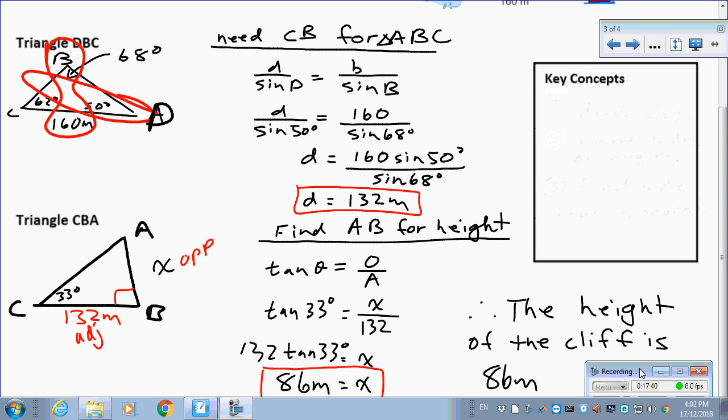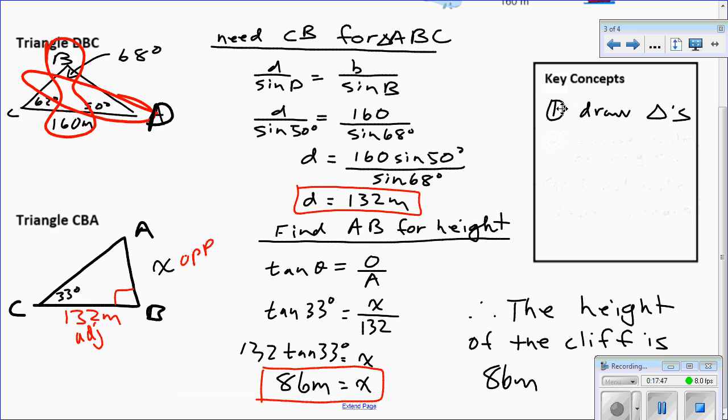Now, here are the key concepts for trigonometry problems. You need to start by creating triangles based on the subsets of triangles that are in your diagram.